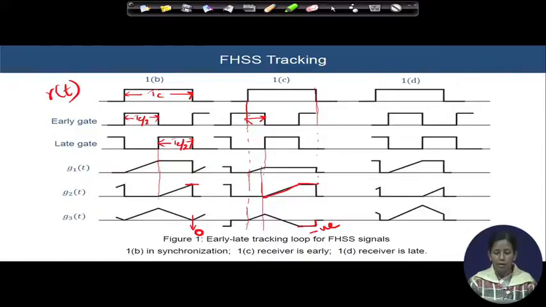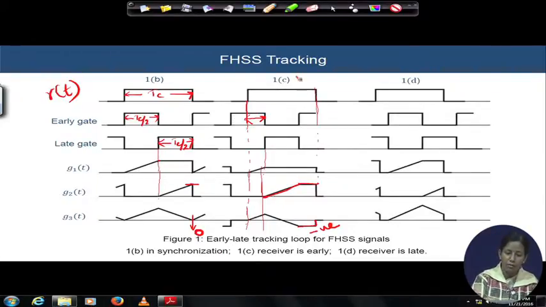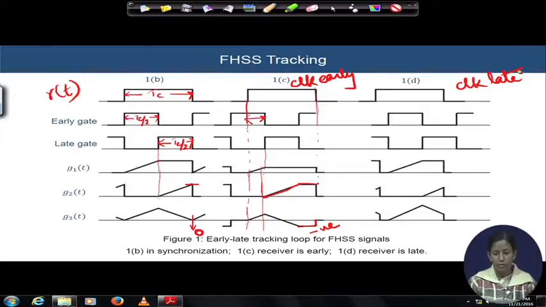So, 1D is the example when the clock started late. 1C was the situation when the clock was advanced, started early, and here is the situation when the clock started late, late by this period. So, this is the output for the Tc by 2 of the early gate. Following that, this is the output for the late gate.